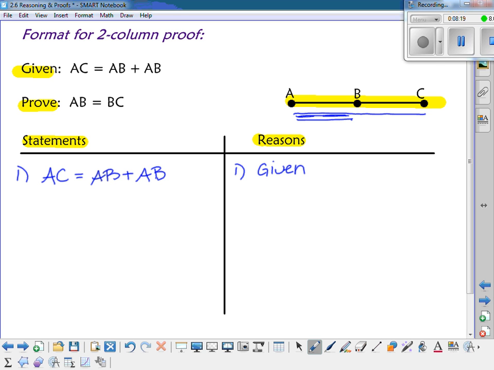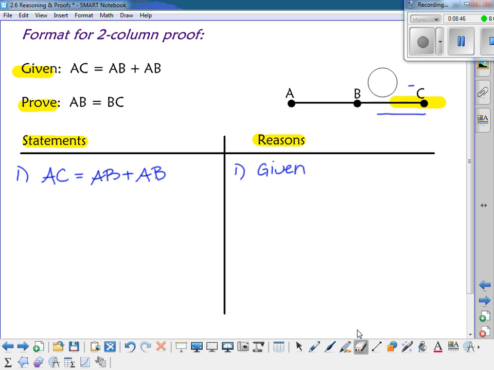Well, I know by the segment addition postulate that AC has to equal AB plus BC. So the only way that AC could equal AB plus AB is if these two are in fact congruent. I'm going to use the segment addition postulate and substitution to show that they would have to be equal to each other.